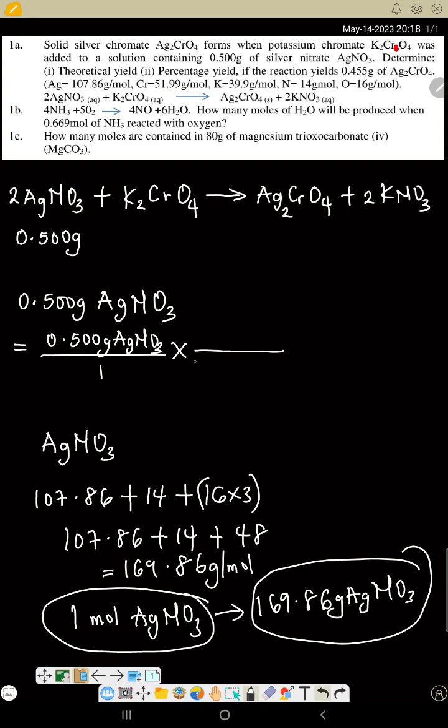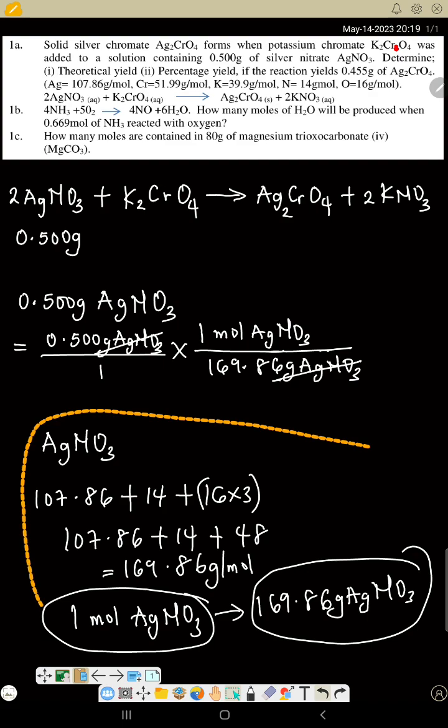So 1 mole of silver nitrate will give 169.86 gram of silver nitrate. So that gram of silver nitrate will cancel gram of silver nitrate.